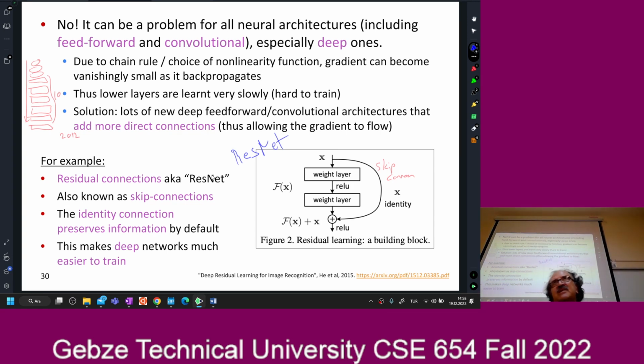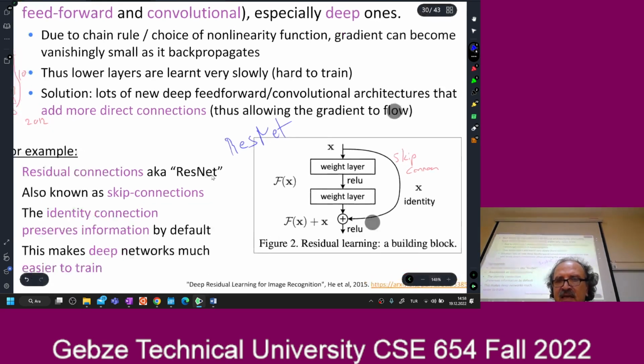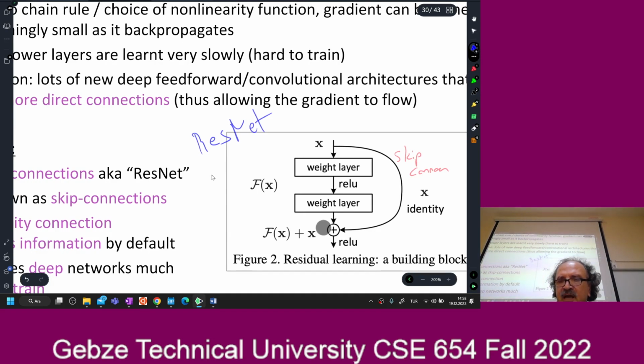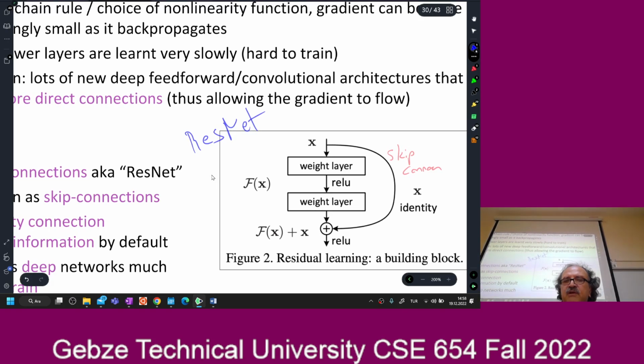And it was even possible to have more than 1,000 layers for some networks, okay? So that was the enabling technology. It was as simple as this, okay? So I just add this X value to the output value of this weight layer or the neural network layer. That was a skip connection, and we said that this definitely helps the vanishing gradient problem.